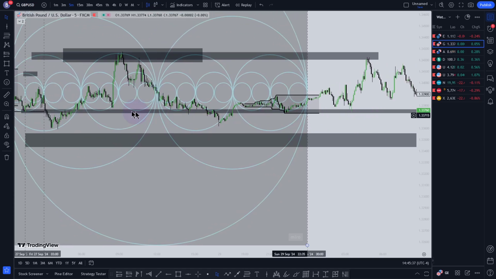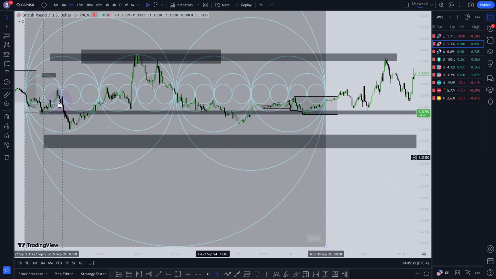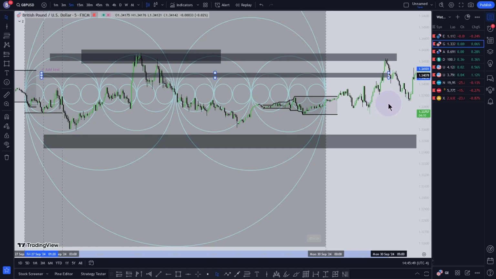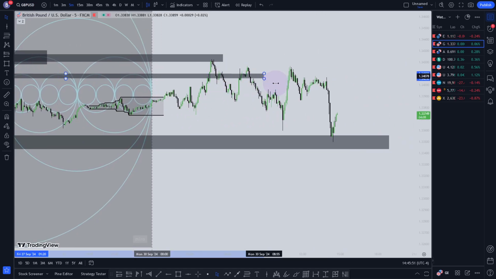We can clearly say yes, here, here, here, here, here, here. Okay, this area right here, nothing too special, more of a consolidation when price comes into this area right here, but we still got something.